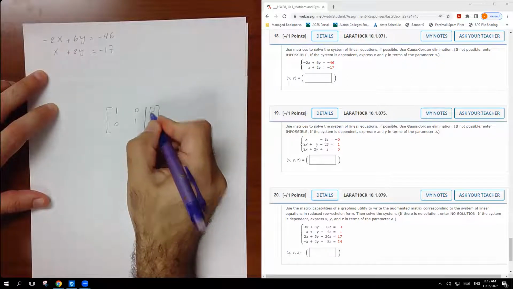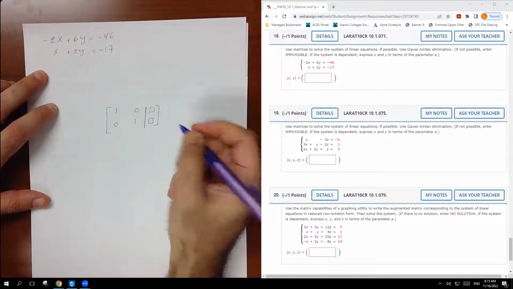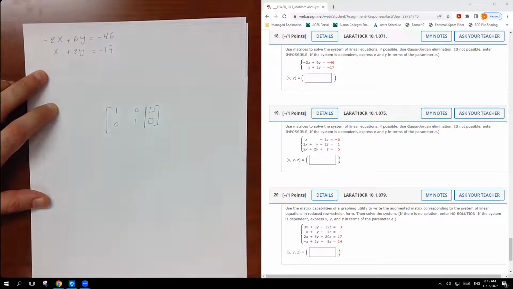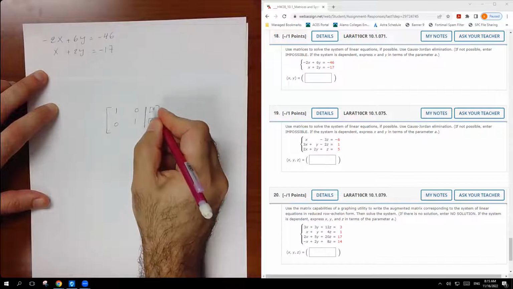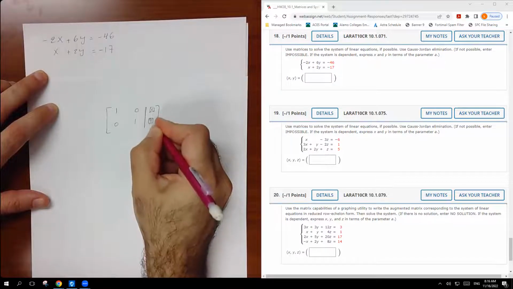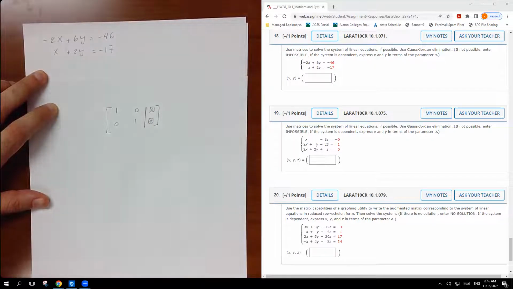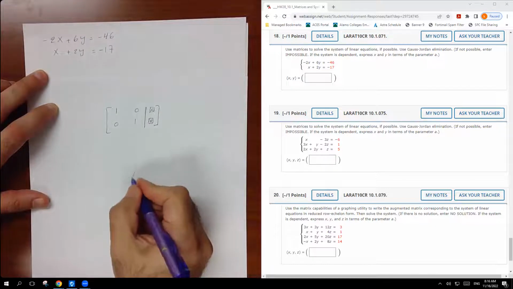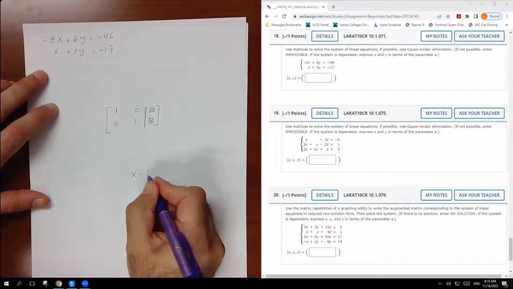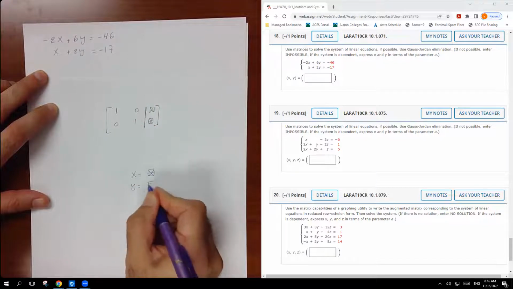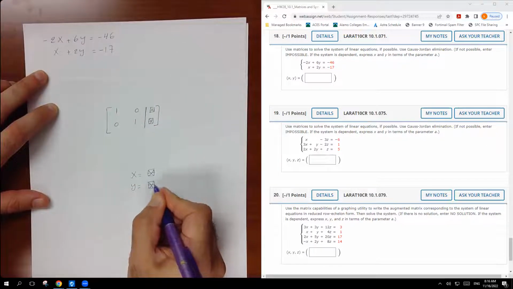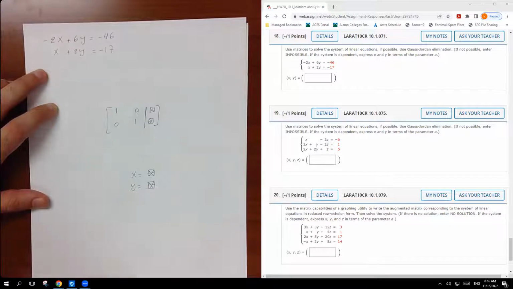The new numbers here are always going to be the solution. So these two numbers are going to be the solution. That means you're going to say x equals the first number and y equals the second number. So this is the solution.